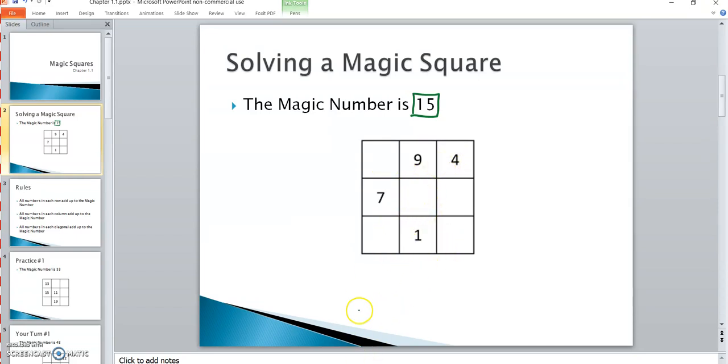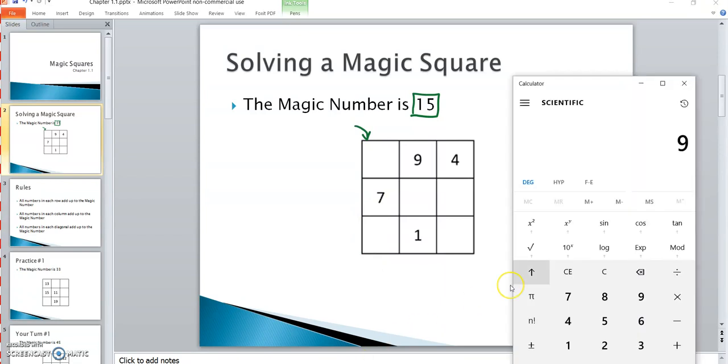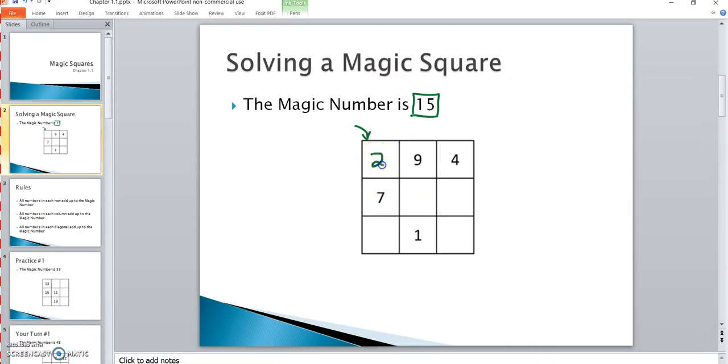So in this one, I'm going to start off with this square right here. So I start off with 15, my magic number, and I'm going to take away 9 and take away 4. And that's going to leave me with 2.